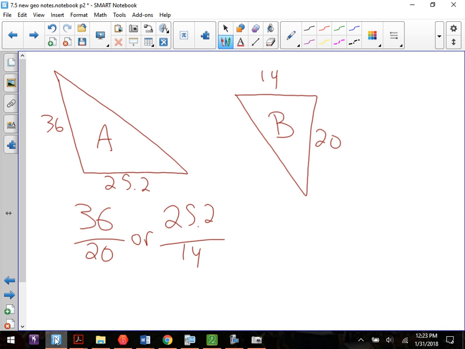So if I choose 9 for my B value, what value do I have to choose for the other one? Good. Remember, they have to correspond. They have to correspond to make it work with the small to small, large to large, however you want to do it. It's just kind of a big rule that you have to follow when you're dealing with scale factors and similarities and stuff.